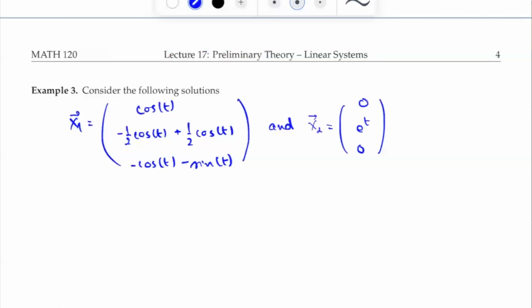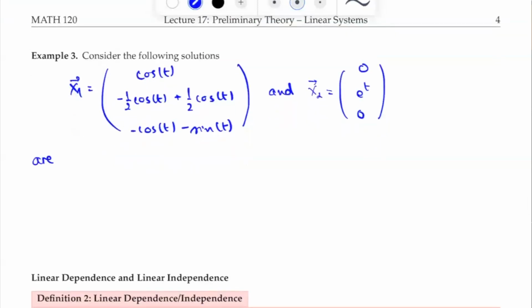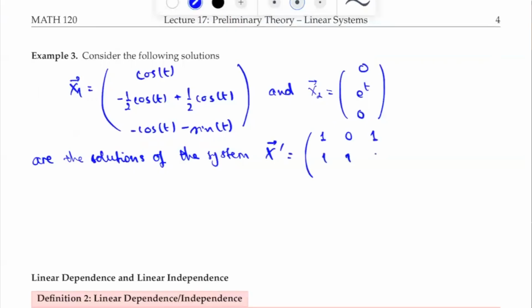These two solutions are solutions of the system X prime equals the coefficient matrix (1, 0, 0; 1, 1, 0; negative 2, 0, 1) multiplied with the variable vector.